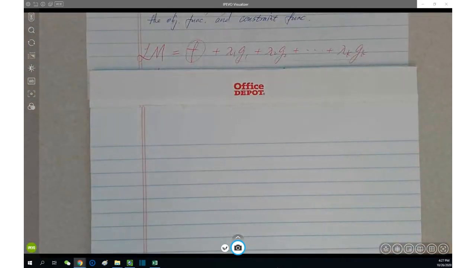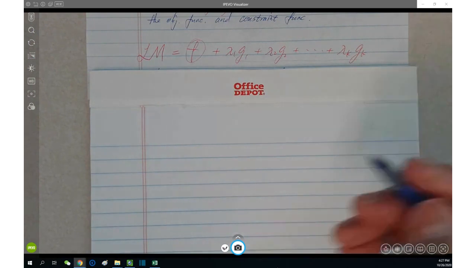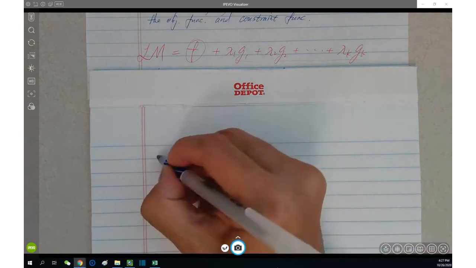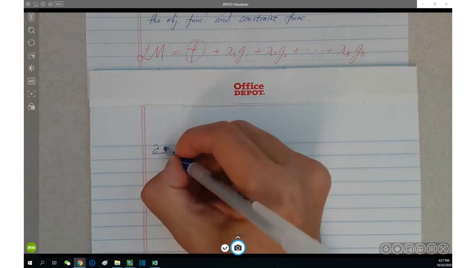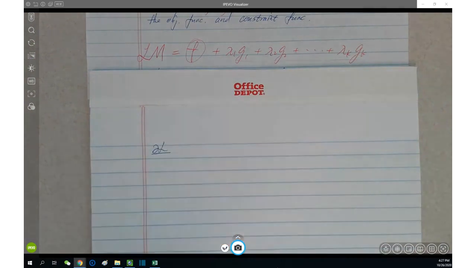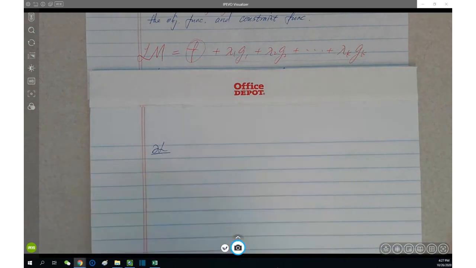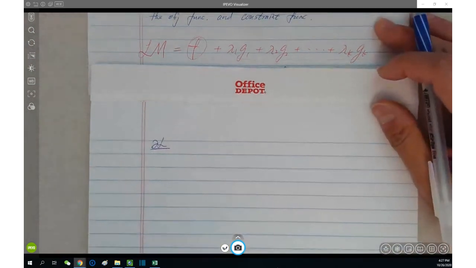So the rest of the thing is pretty much going back to derivatives, right? Partial derivative again. Partial derivative of L, or say LM. I'm just using L, okay? L to represent the Lagrange multiplier, this new total function.